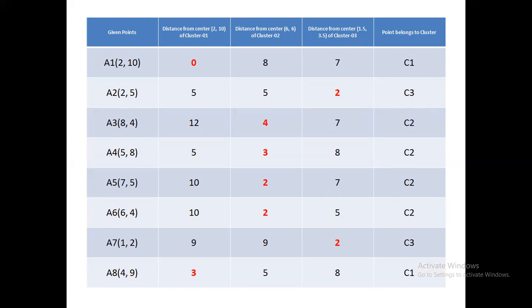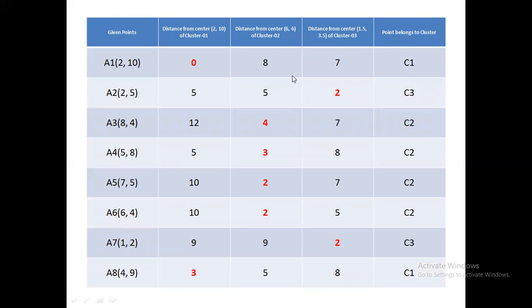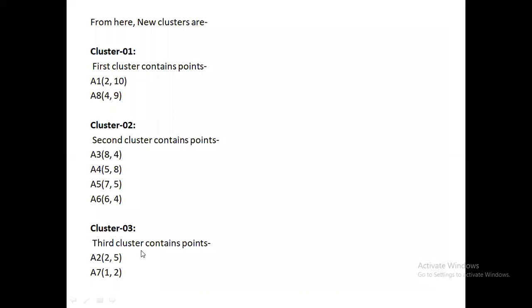Here you can see your first cluster contains 2 points, A1 and A8. A1 and A8 belong to cluster C1, A3, A4, A5 and A6 belong to cluster C2, and A2 and A7 belong to cluster C3. So these are the newly formed clusters.